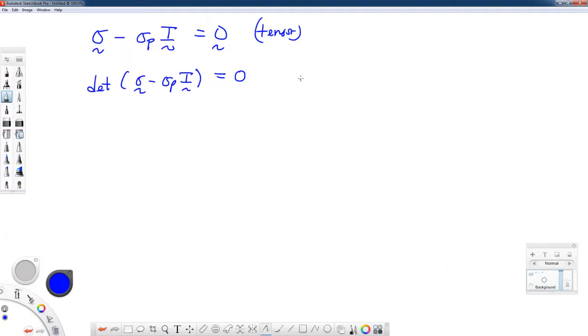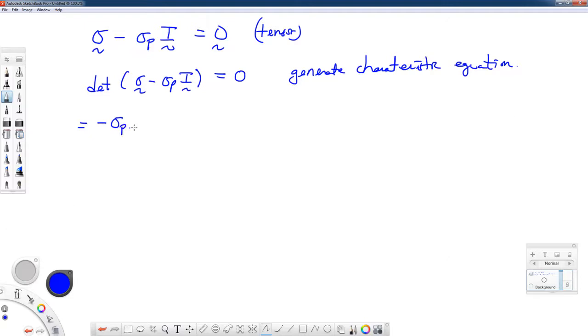So this is how we can develop our characteristic equation. It will be cubic in terms of the principal stresses. We can write this in the following form.